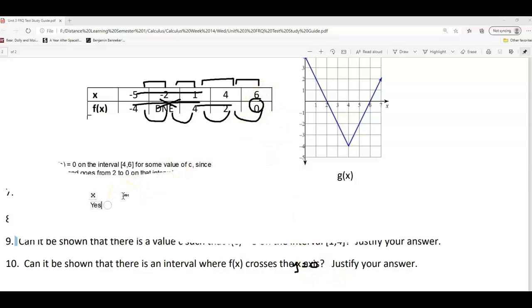So all I have to do is say yes, because the table shows that 6, 0 is a point on the graph. Or instead of saying 6, 0, you could say f of 6 equals 0. Either way is fine.